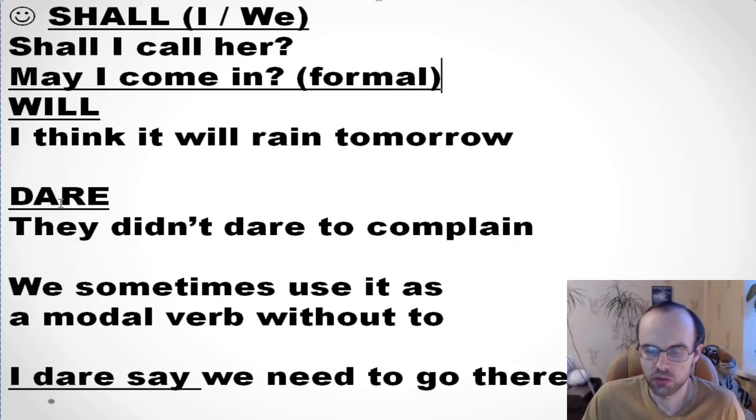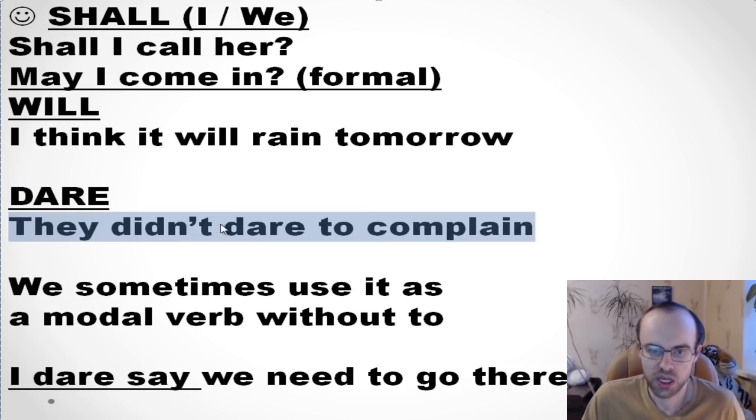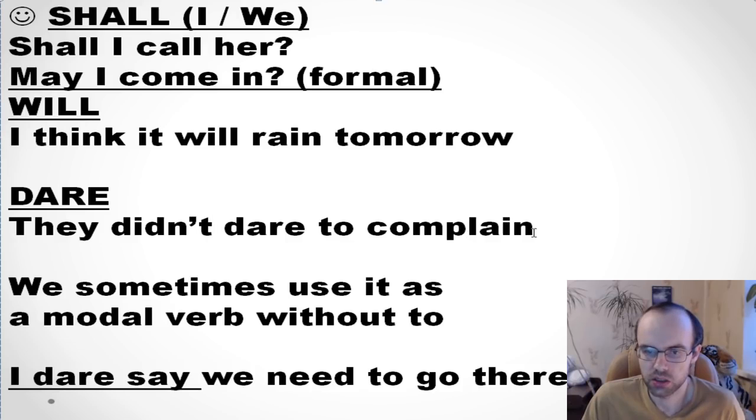And dare, we sometimes use it. I mean that this verb isn't so common, but we often see it in negative sentences. And it's an ordinary verb. They didn't dare to complain. It means that they didn't want to complain, or maybe they wanted, but they were not ready to do it. And we sometimes use it as a modal verb without to.